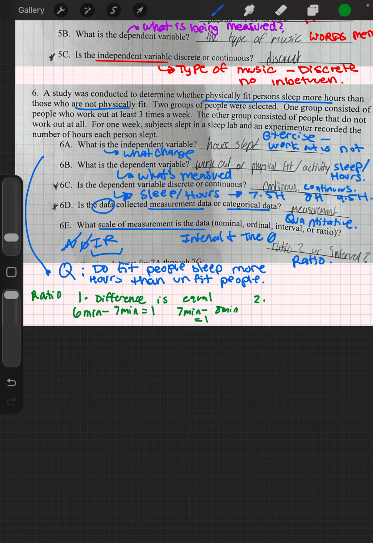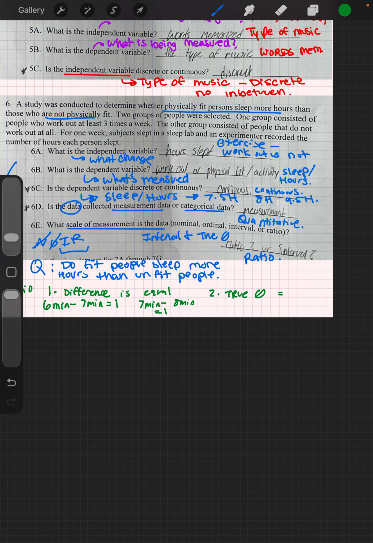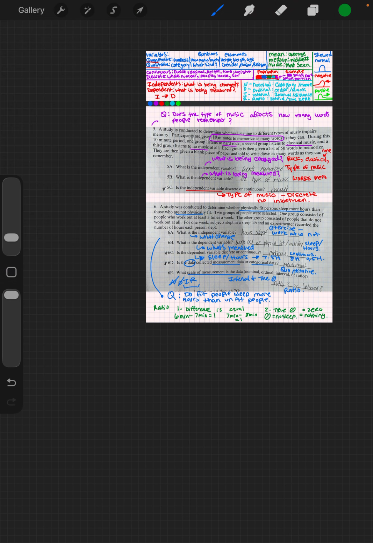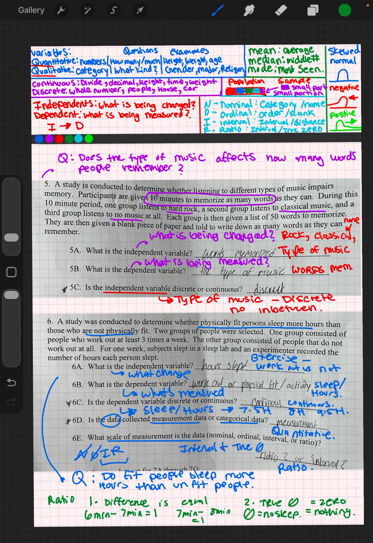The second part is a true zero, which means 0 equals nothing. So in this case, 0 means no sleep.